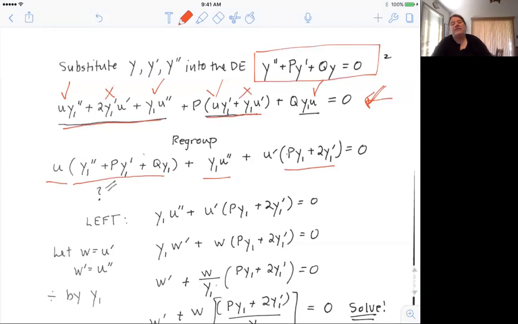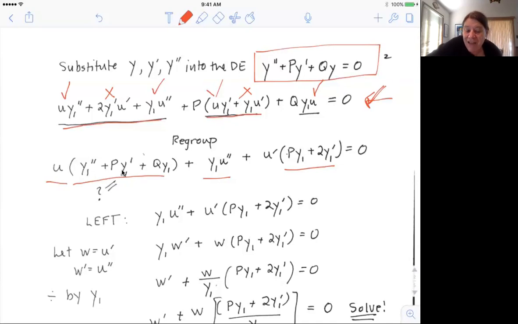Now, here's the kicker, and it's really nice, guys. We know that y1 was a known solution to the homogeneous equation. So listen up and answer the question here. If y1 is a known solution to the homogeneous equation and I plug y1 in, what will I get?